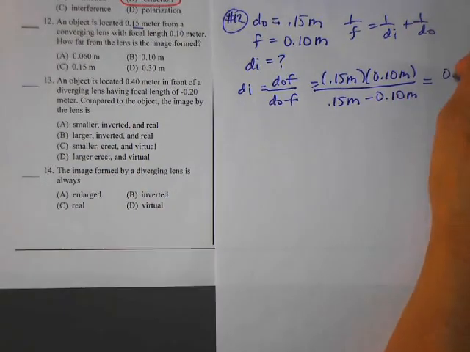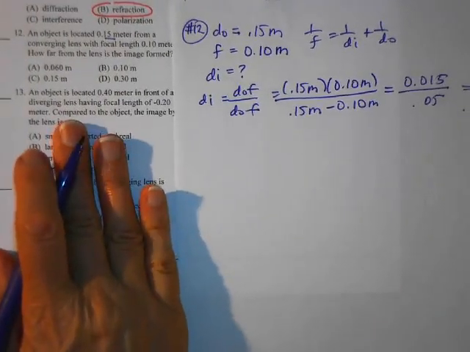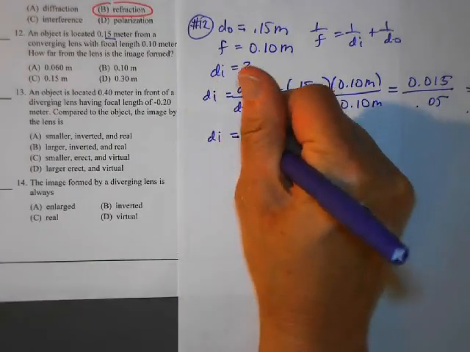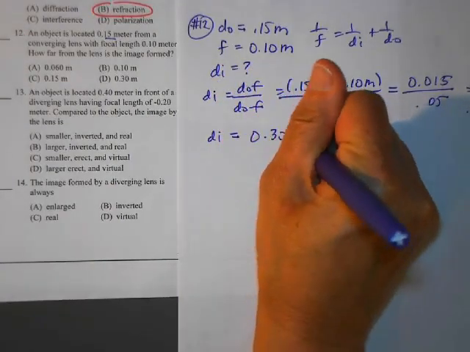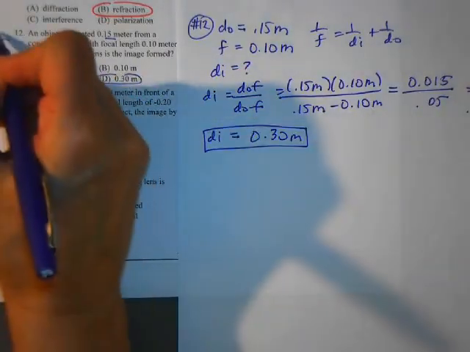So this comes out to be 0.15 divided by 0.05, which comes out to be, oops, I'm off the paper. So DI comes out to be 0.30, which is choice D.